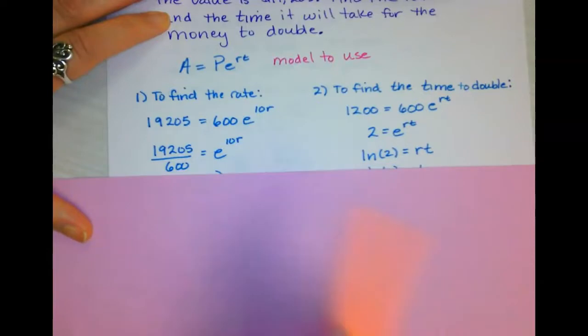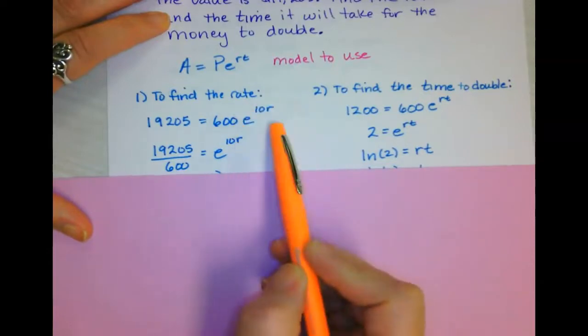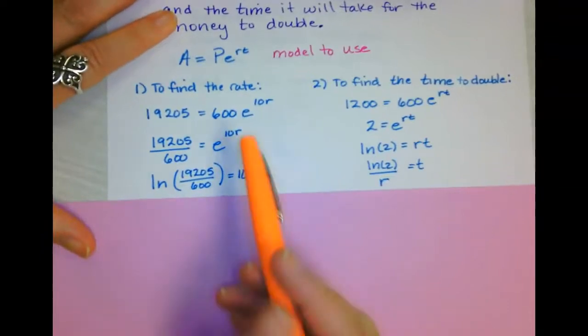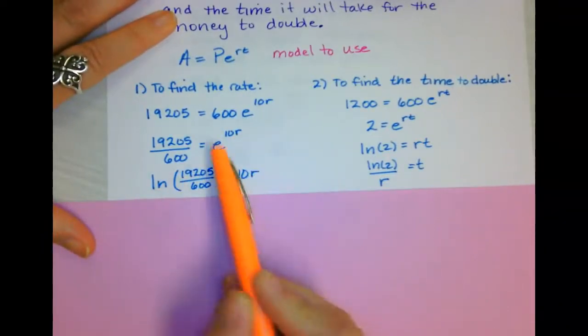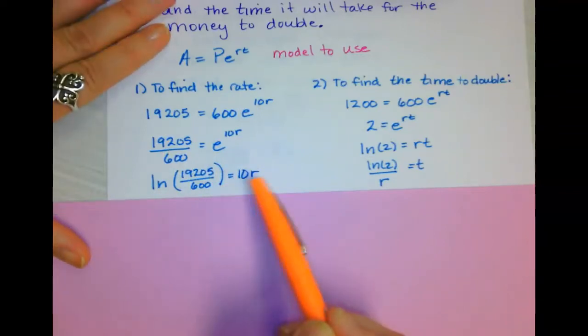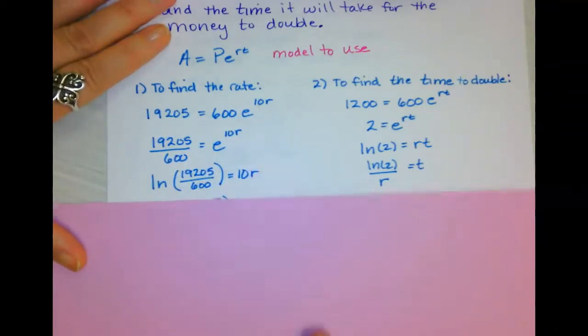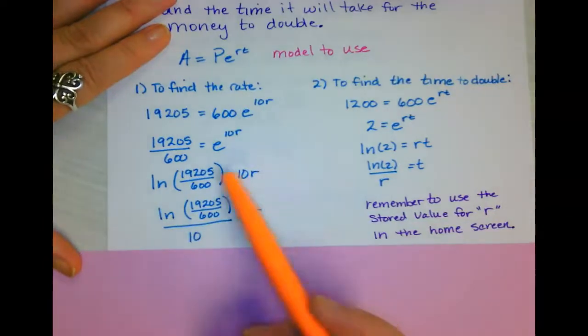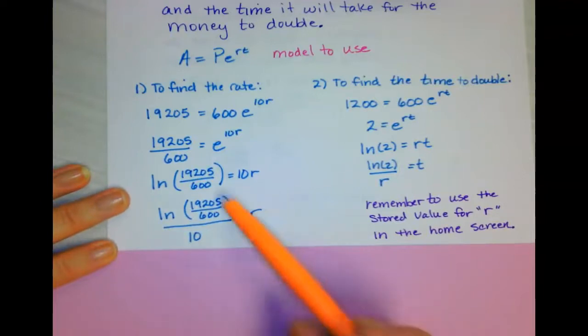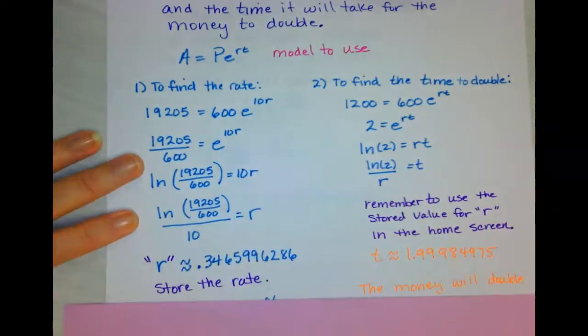We are going to get this piece by itself, so divide both sides by 600. Then we're going to change it to a log, so it's base e, so it's the natural log of all of this, which is 19,205 over 600 equals 10R. To get R by itself, we divide both sides by 10. So you will have this on your paper. And then we can use the calculator, punch it in to figure out what R is.